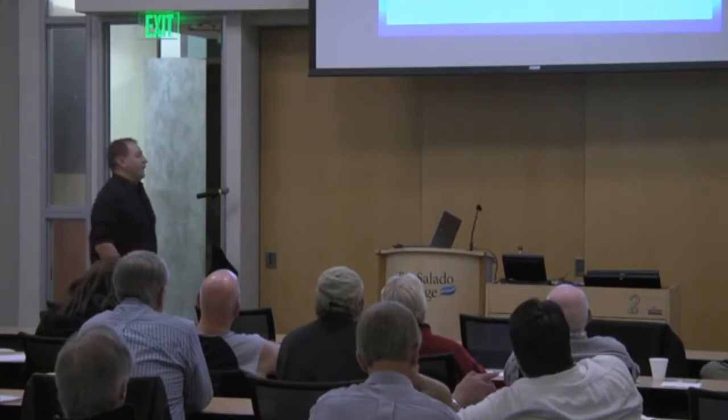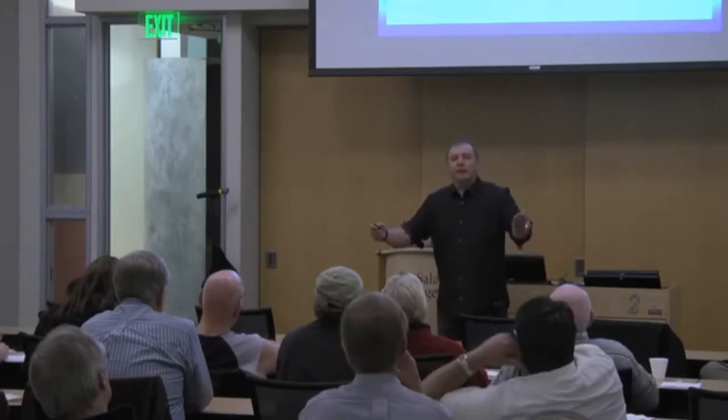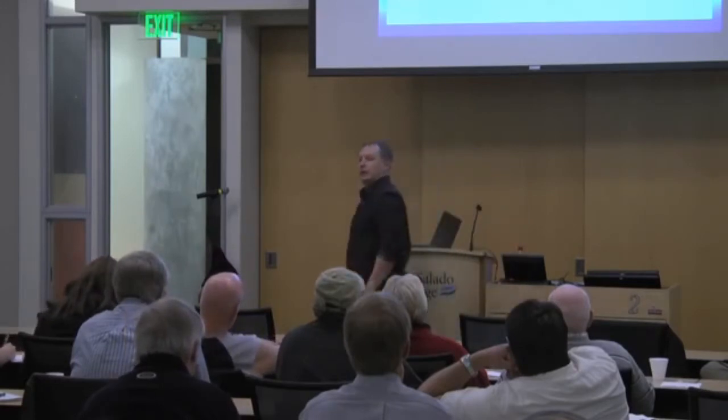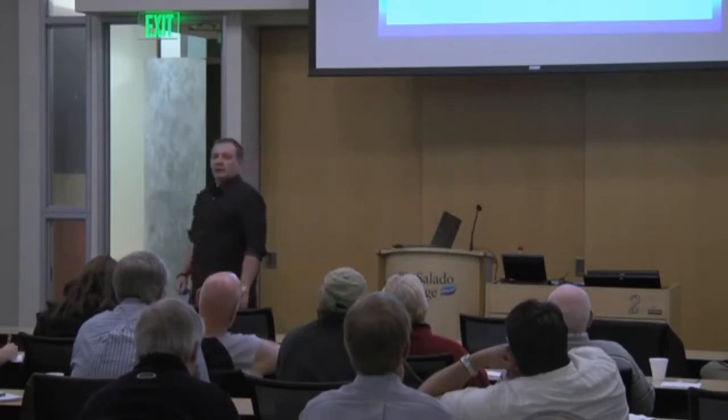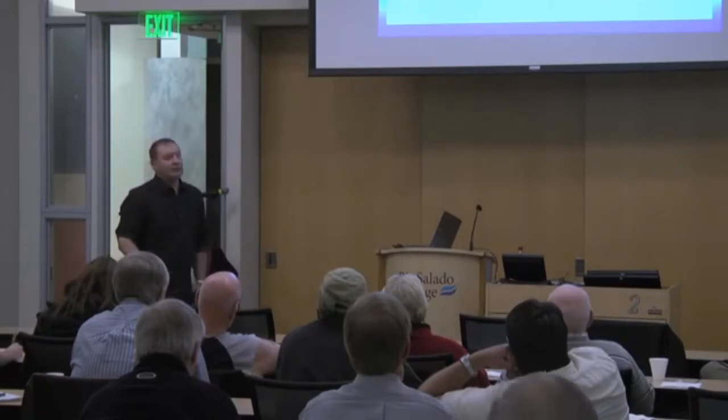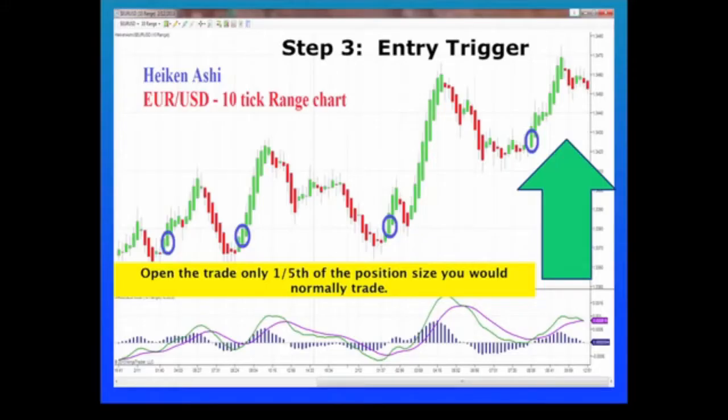Here's an important thing. In my trading strategy, let's just say that normally you would get into a trade with 1 contract, if that's your normal trade. Don't do it anymore. Divide it by 5 and enter with 1/5 of the position size you would normally take.